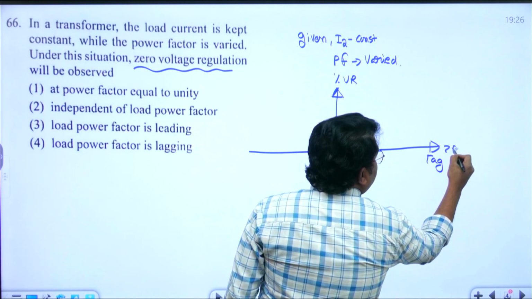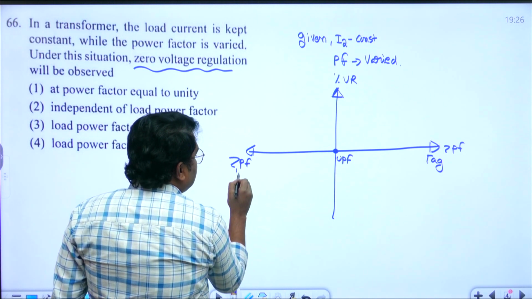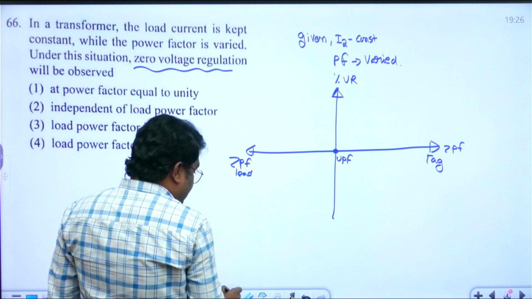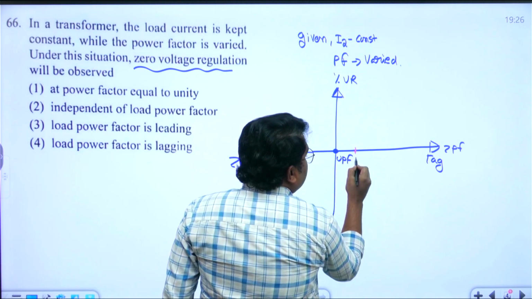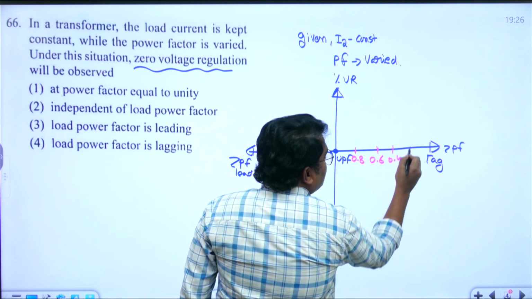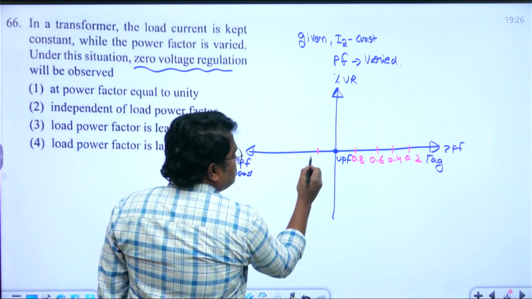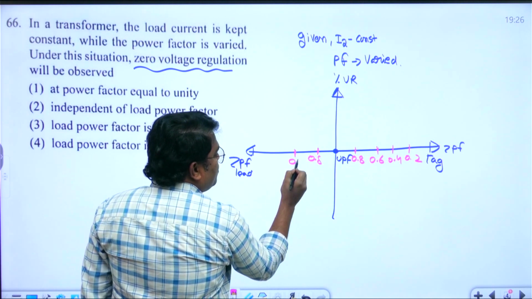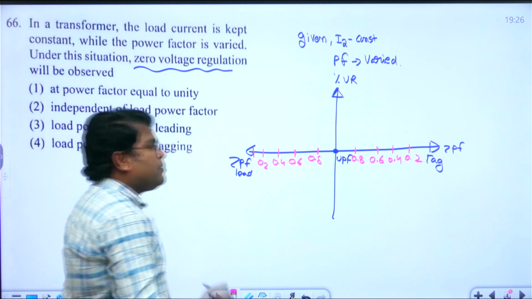The ZPF lag and ZPF lead. The power factor values are given here: unity power factor, then 0.8, 0.6, 0.4, 0.2 and 0 power factor, and similarly 0.8, 0.6, 0.4, 0.2 and 0 on the leading side.